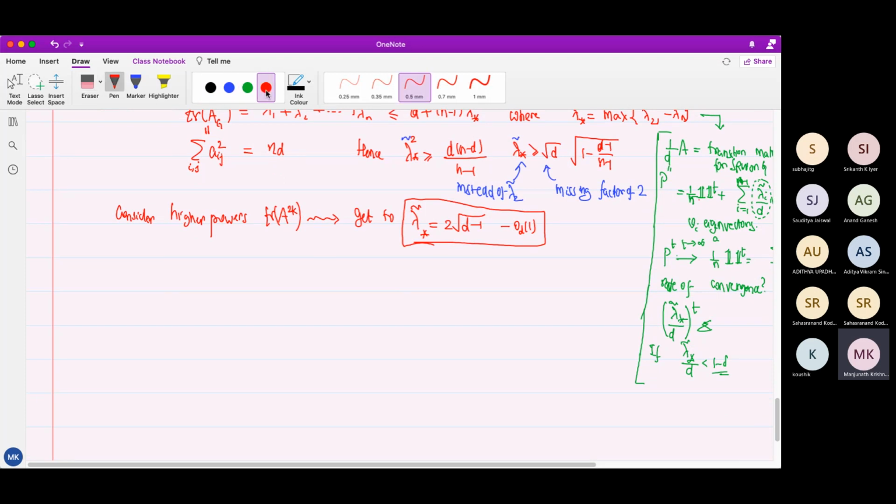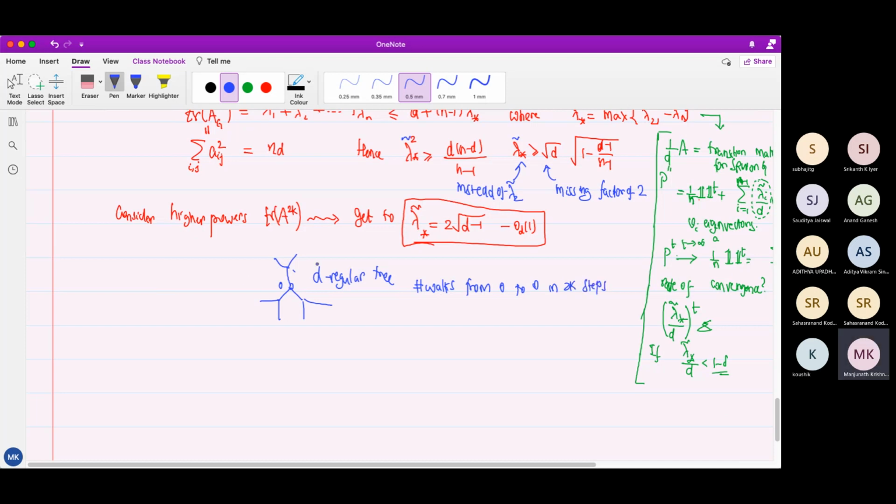So the way it comes is the following. If you consider a d-regular tree, the number of walks from, let's say, 0 to 0 in 2k steps.